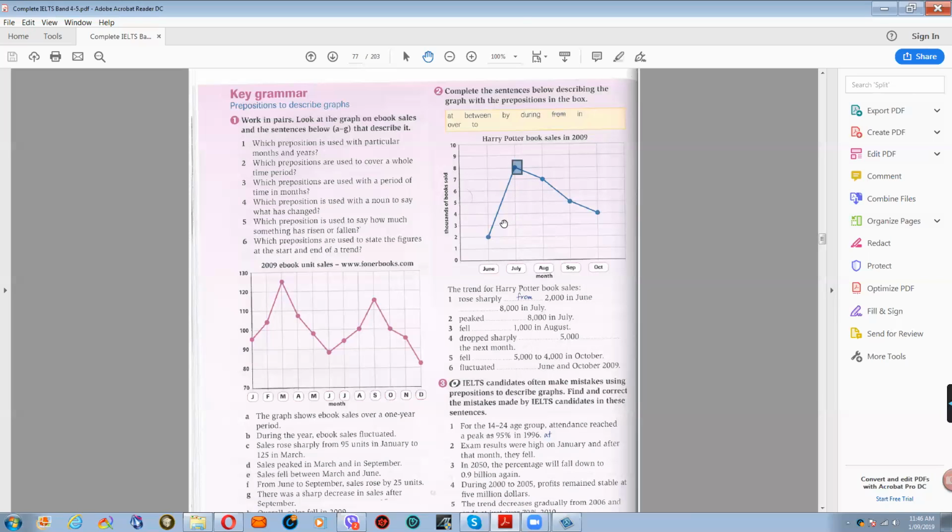Drop sharply over... that should be 2, probably. During. All right. There's 5,000. So it's during. Okay. That's a sharp drop. 2,000. Okay. So we have used 2 more than once.